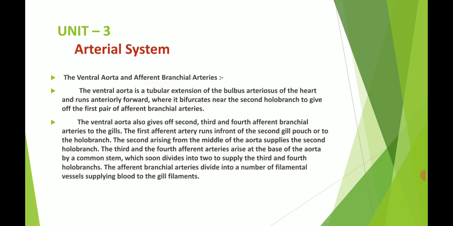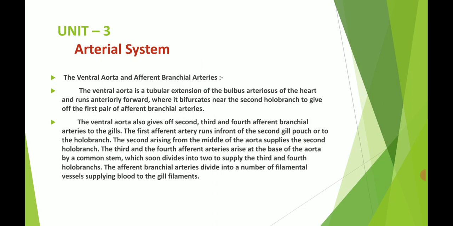The ventral aorta also gives off the second, third and fourth afferent branchial arteries to the gills. We know that the gills have various hollow branches, and there are first, second, third and fourth afferent branchial arteries present.